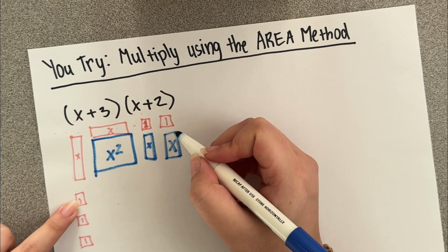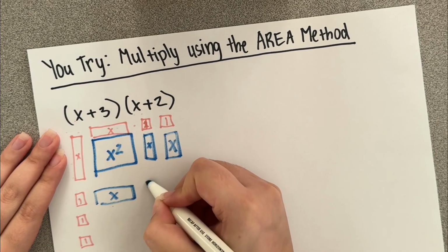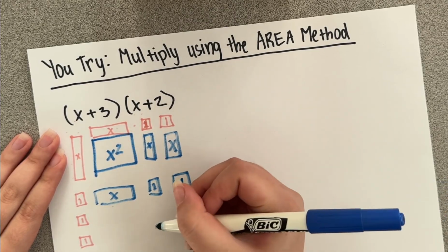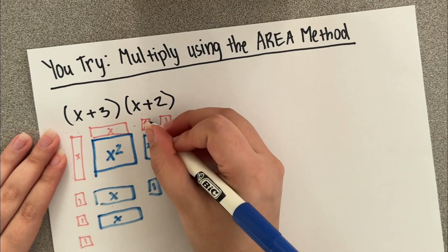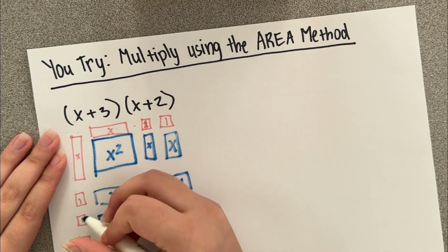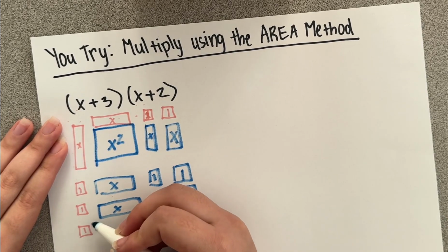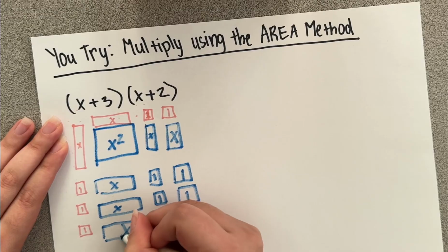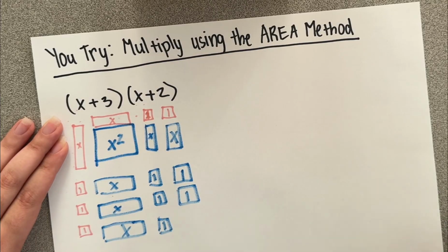Now we have 1 times x, which is x. 1 times 1, 1. 1 times 1, that's another 1. 1 times x is x. 1 times 1 is 1. 1 times another 1 is 1. 1 times x is x. 1 times 1, 1 times 1, another 1.